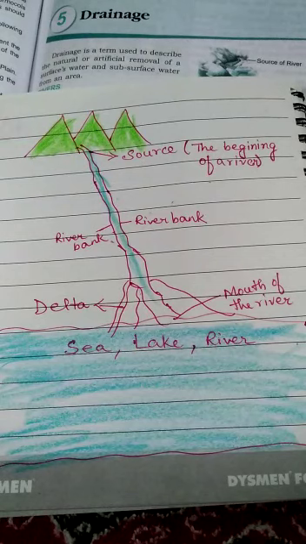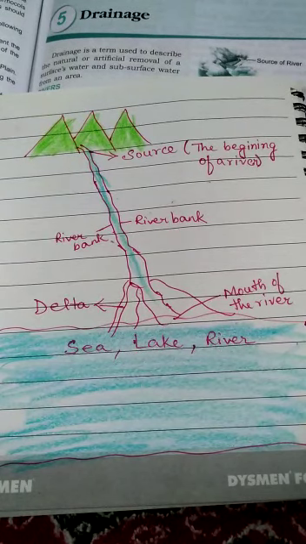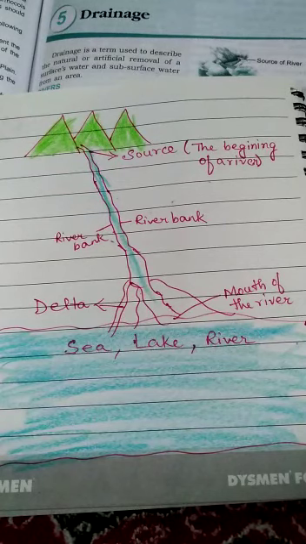It is the beginning of a river. Both sides of the river are known as the river banks. Then we have the mouth of the river, which is the end part of the river.